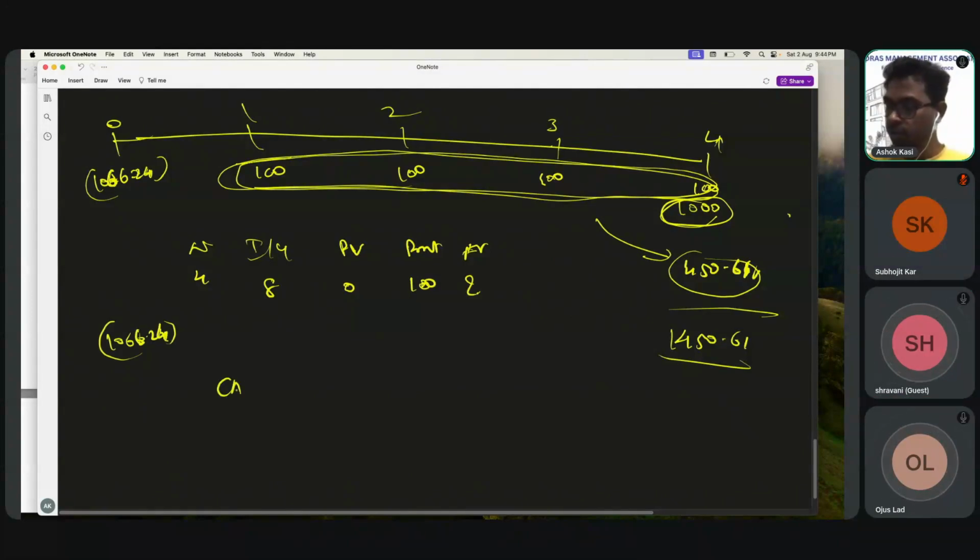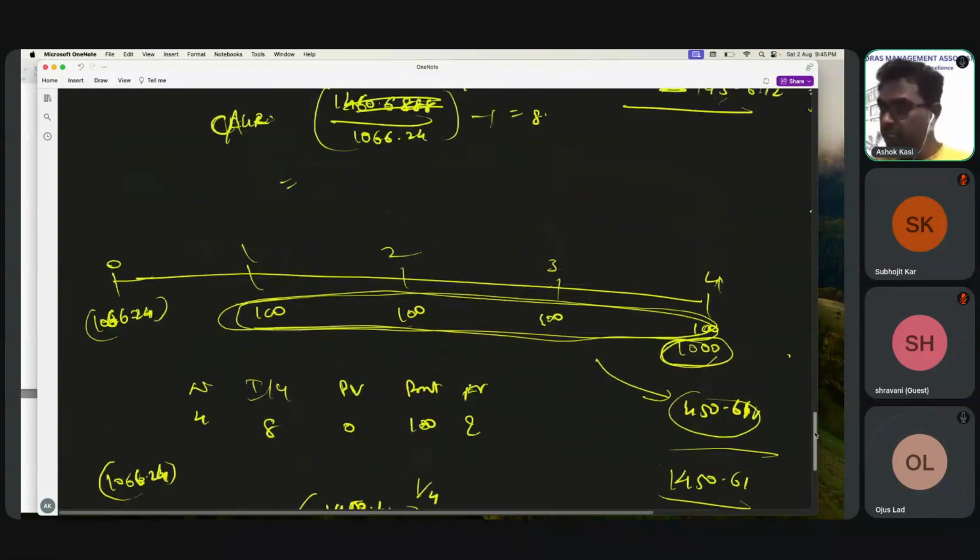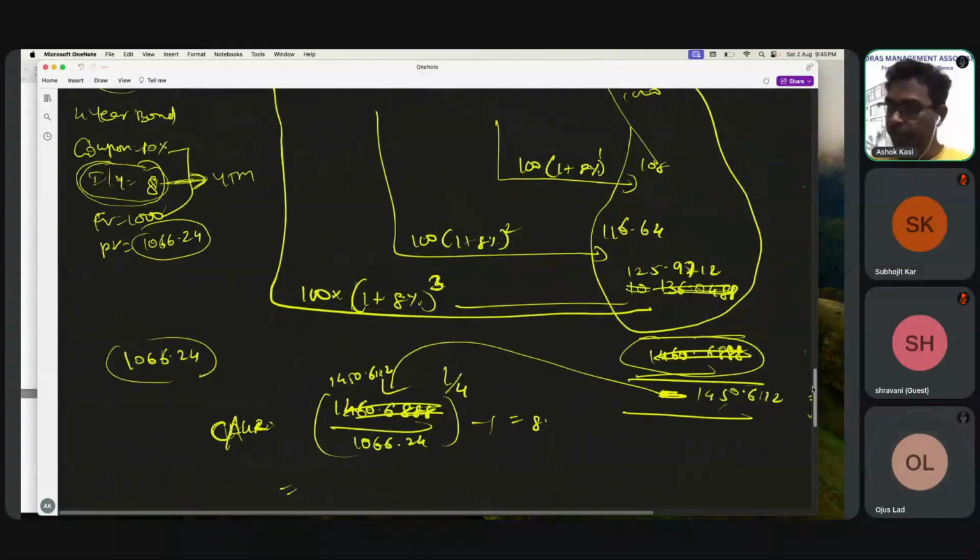Understood this one? Can you just recap what we have exactly done here? What we are doing here is proving that initially, whatever the interest rate in the market, if it doesn't change, that will become my YTM, yield to maturity.